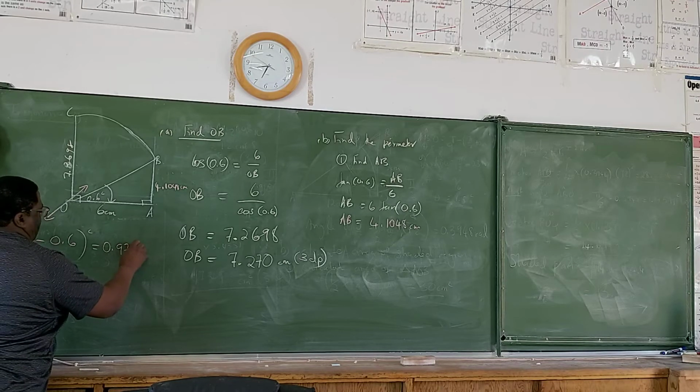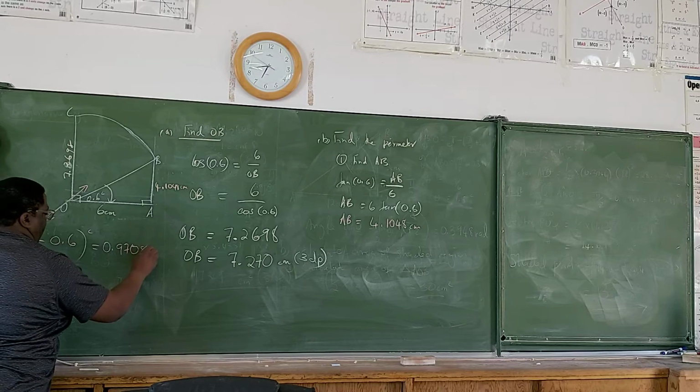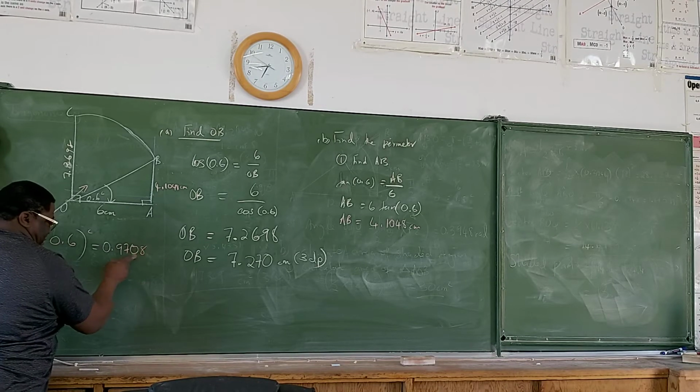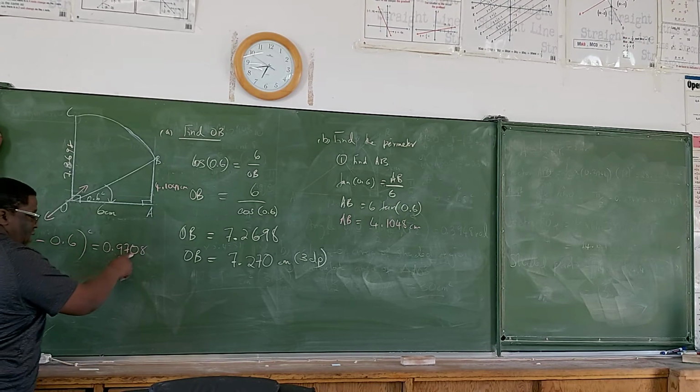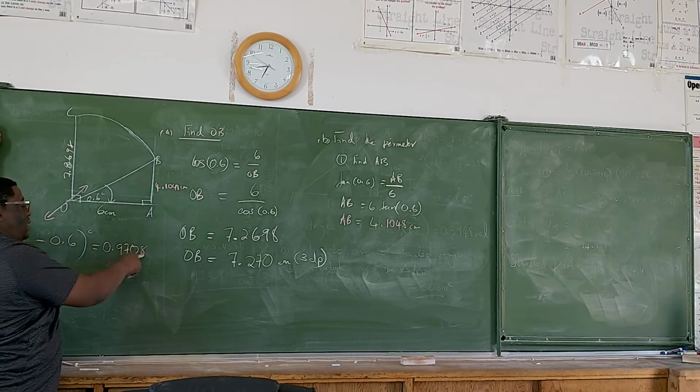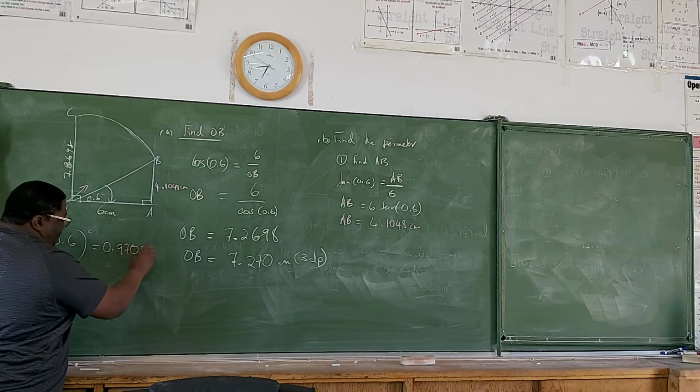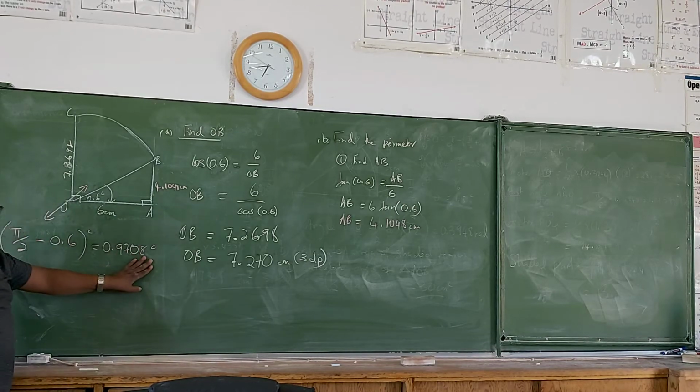What is after that? 0.9708? Is this true? What is after the 0? What is after the 7? 9. Okay, at least up to there I'm fine.